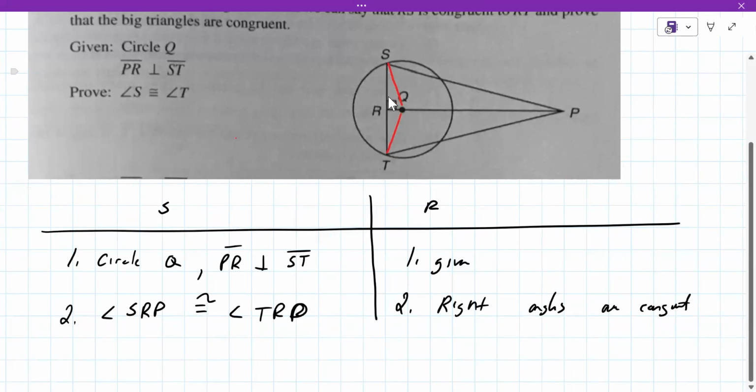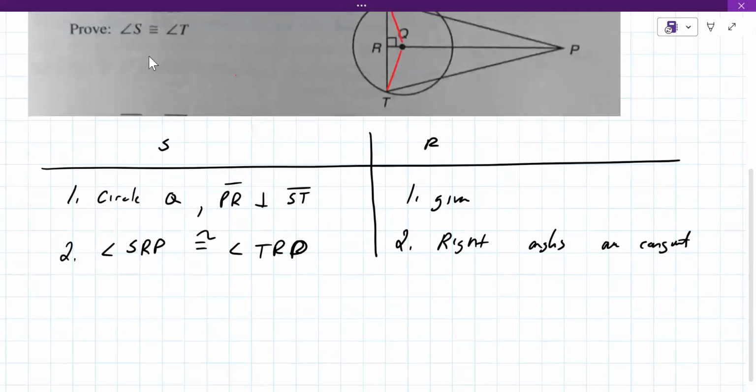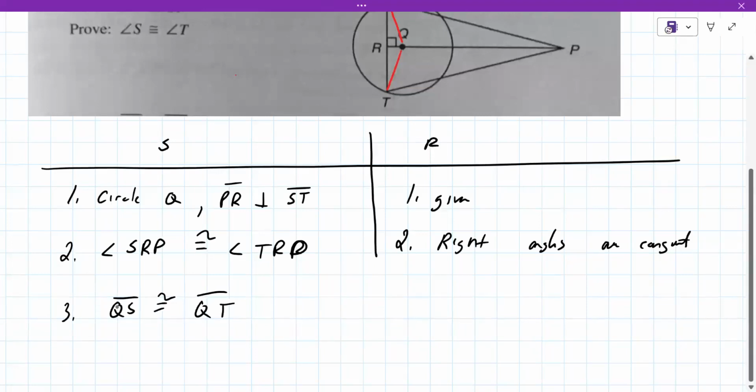All right, so I'm going to just switch colors here. Let me pull it up on the other screen. Okay, QS is congruent to QT. All radii are congruent.